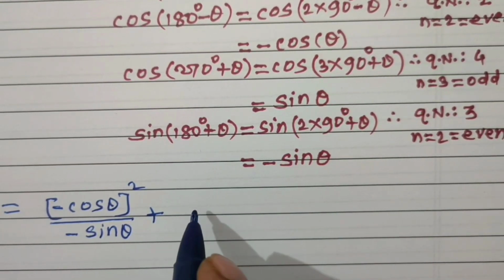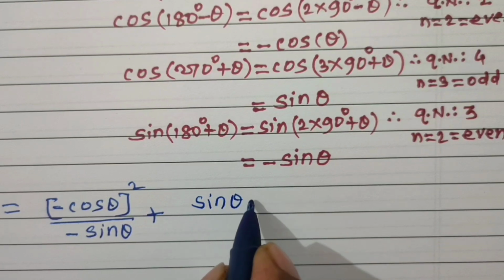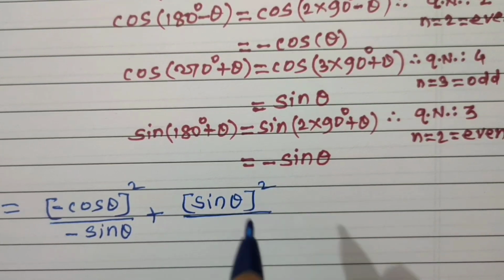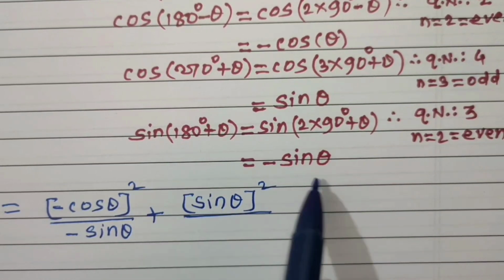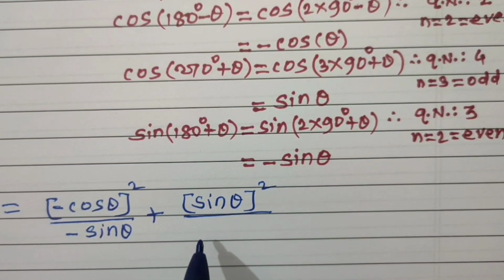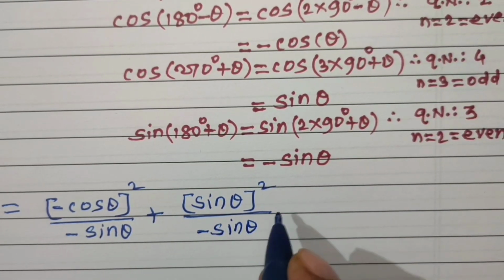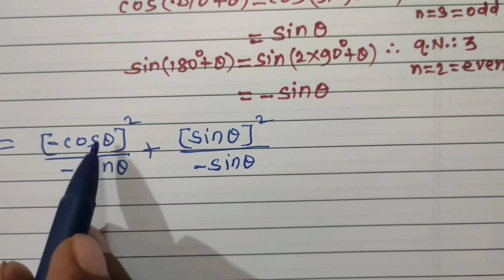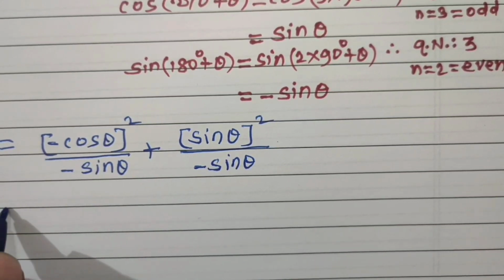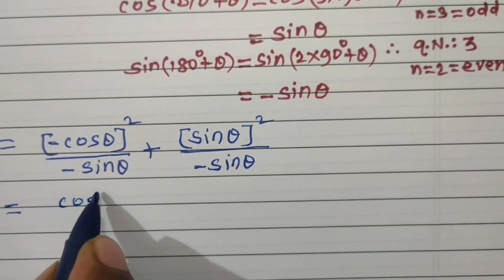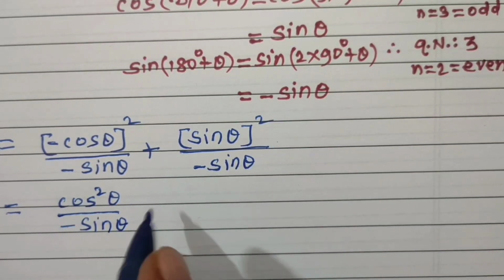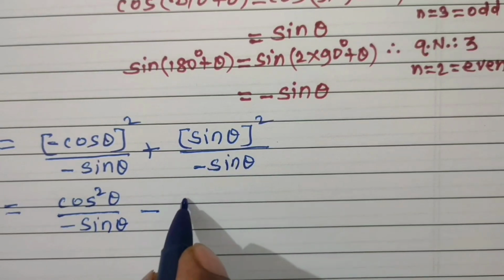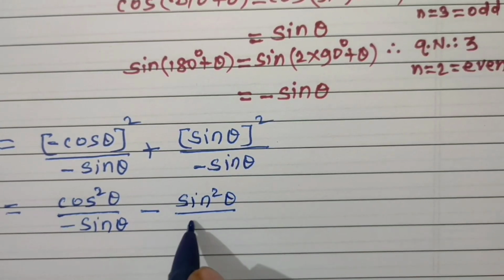Its square, so (sine theta) square divided by sine of (180 degree plus theta). But you know sine of (180 degree plus theta) is minus sine theta, so we put minus sine theta here. So simplify this. We can write this minus square becomes plus. So this is equal to cos square theta divided by minus sine theta, plus sine square theta divided by minus sine theta.